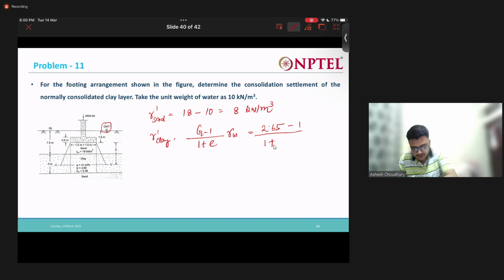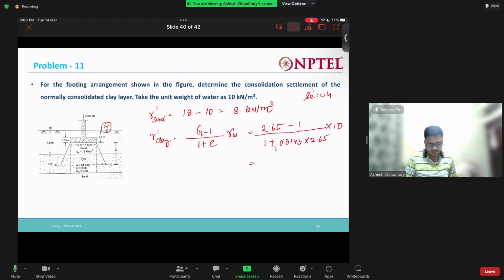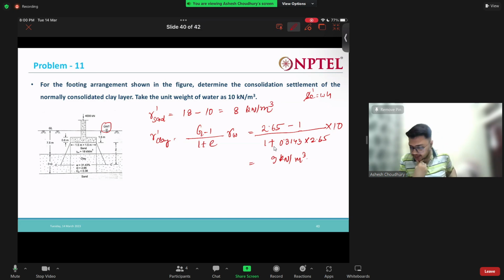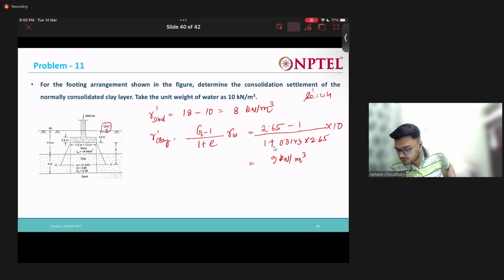E is W into G by S. It is completely saturated, so S is equal to 1, so E is equal to W into G. W is given as 0.3143, into 2.65, into 10. So let us find out the submerged unit weight of the clay. It comes to about 9 kilonewton per meter cube. Okay, we got the unit weights.